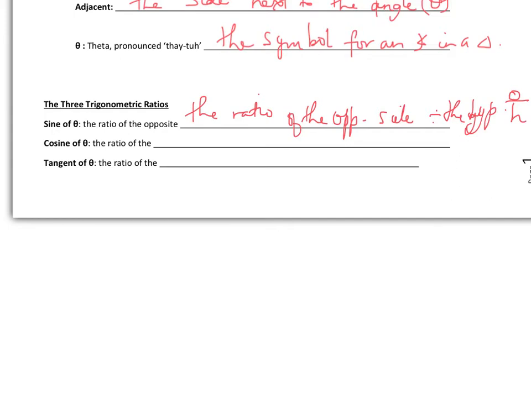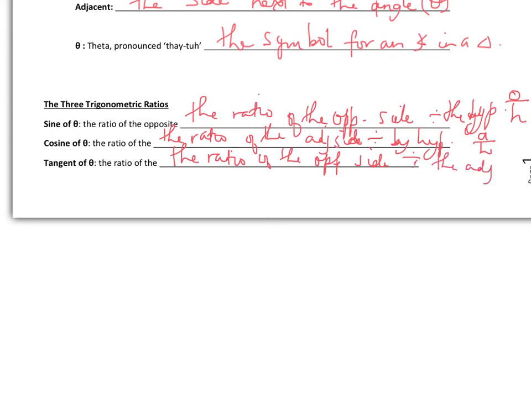Then we have the cosine, which is the ratio of the adjacent side divided by the hypotenuse. So we have A over H. And then we have the tangent, which is the ratio of the opposite side divided by the adjacent.